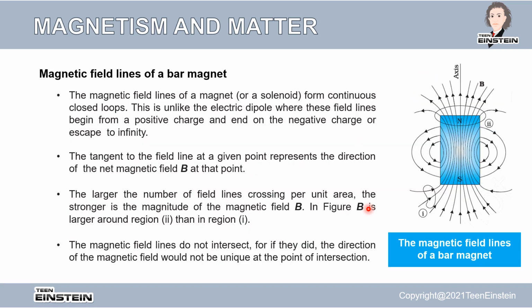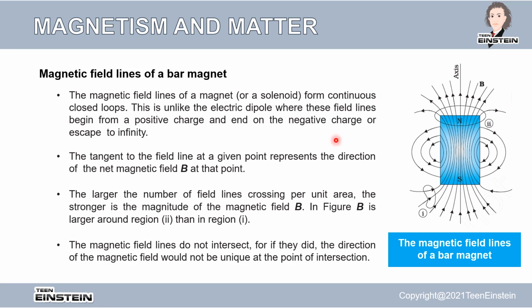Okay, now we will look at the magnetic field lines of a bar magnet. The magnetic field lines of a magnet or a solenoid form continuous closed loops. So this is an important point, and this is a point which is different than the electric dipole. This is unlike the electric dipole where these field lines begin from a positive charge and end on the negative charge or escape to infinity if you have a single charge.